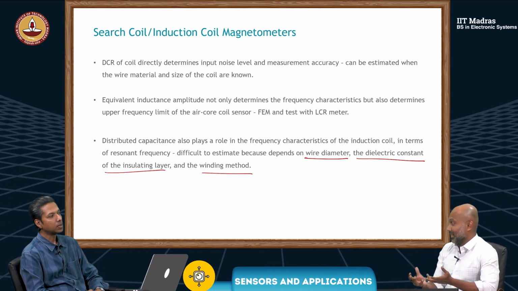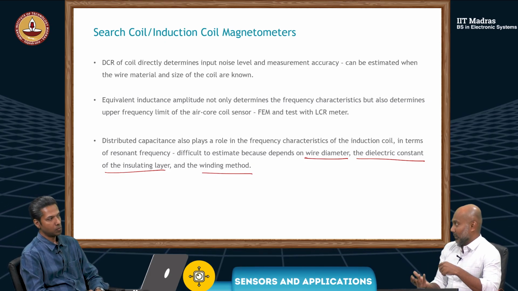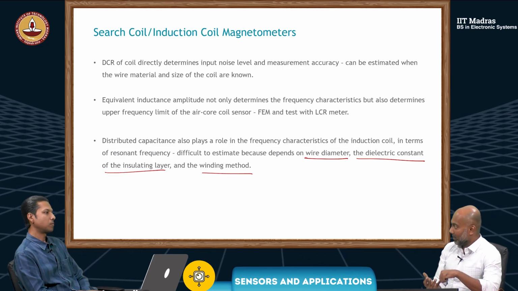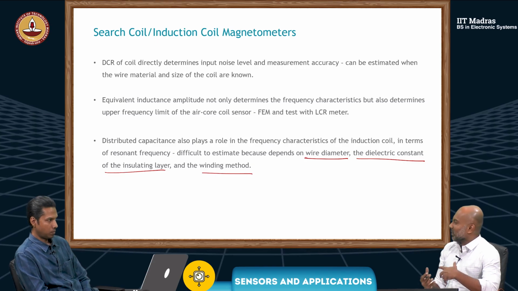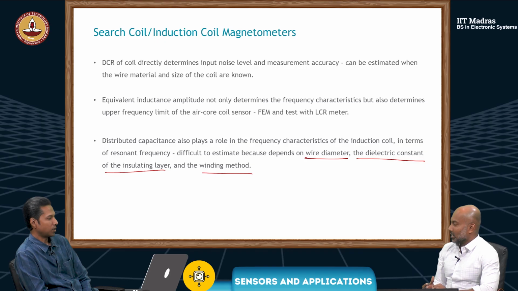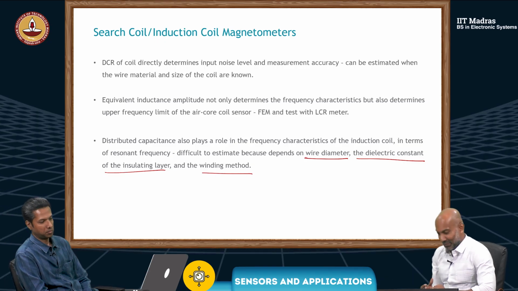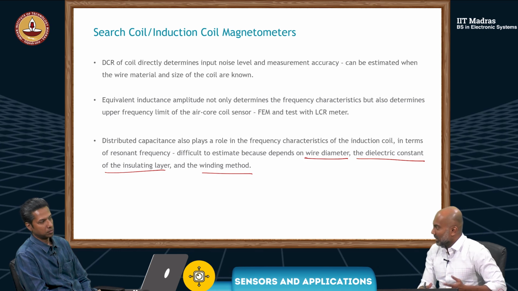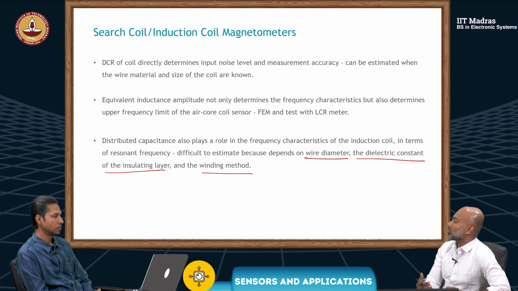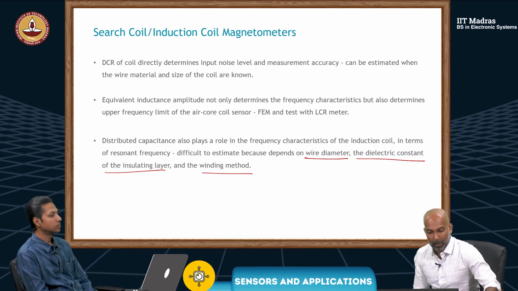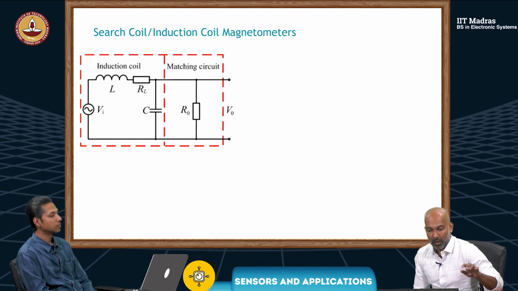Compared to inductance and DCR, distributed capacitance is harder to calculate. So this is a nice summary for students to consider when they design a search coil sensor.